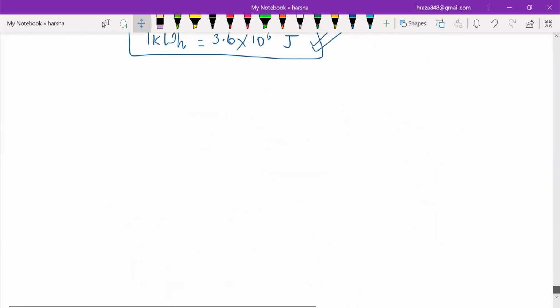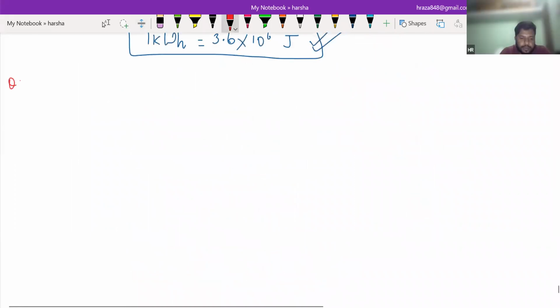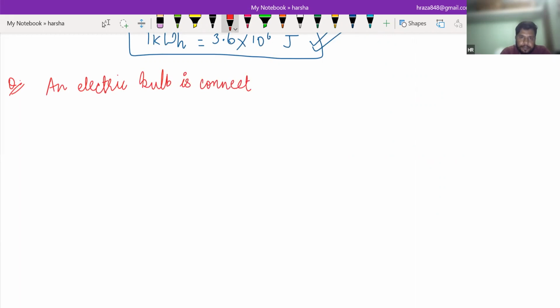Okay, I'm going to give you a question on this. Please apply carefully. An electric bulb is connected to a 220-volt generator.